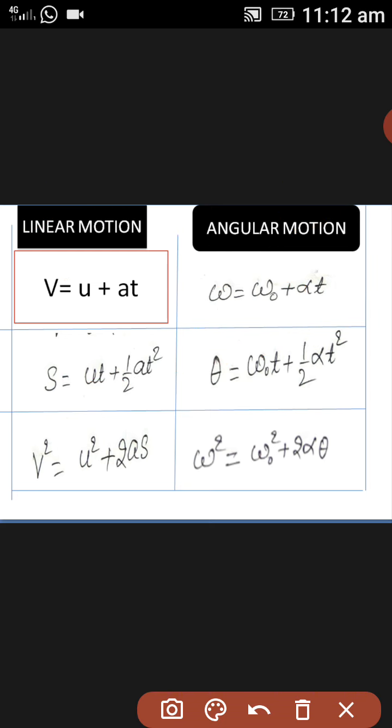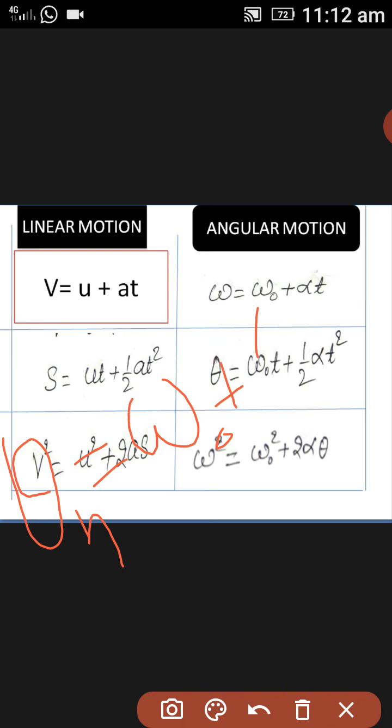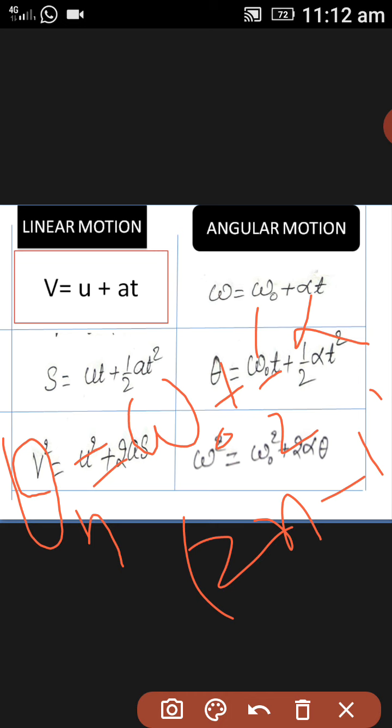Also in angular motion we can write theta n in place of Sn, omega naught in place of initial velocity, plus half alpha into 2n minus 1. This is the angle covered in the nth interval of time.